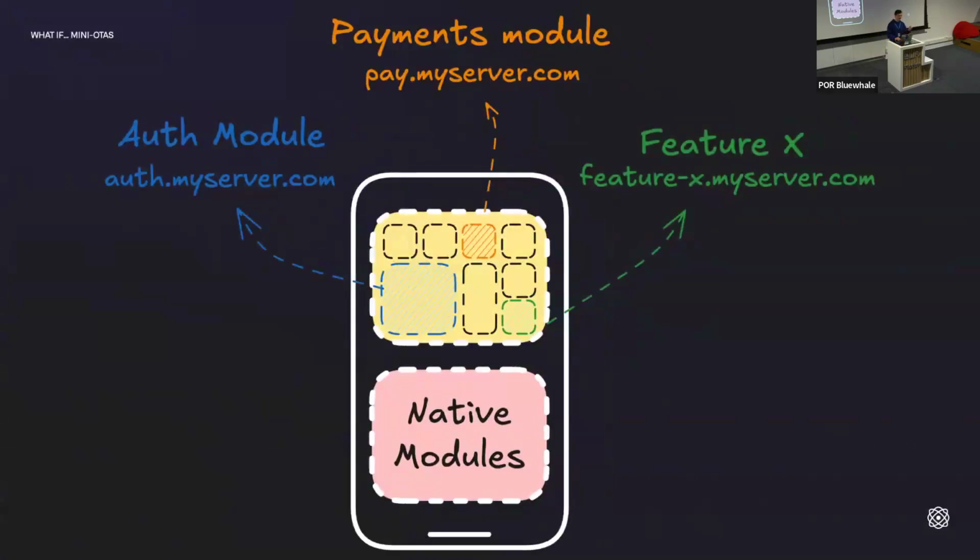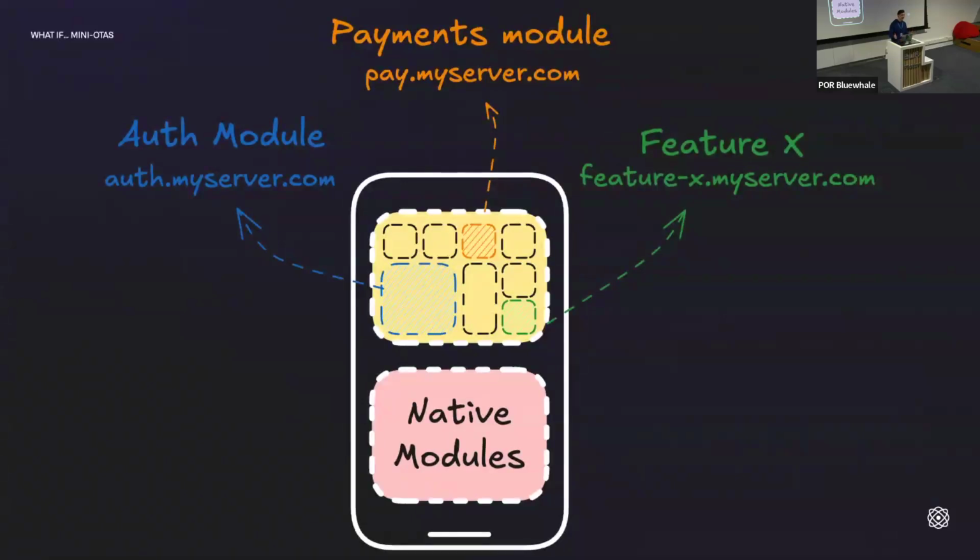So for example, you can load the authentication module from one server, the payments from another, feature X from another server. Since they're loading remotely at runtime, as long as your server changes whatever is hosting, you change whatever you're downloading, and you change whatever is showing for your user, right?